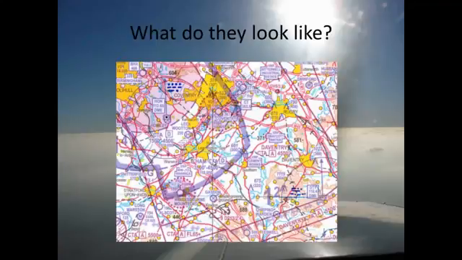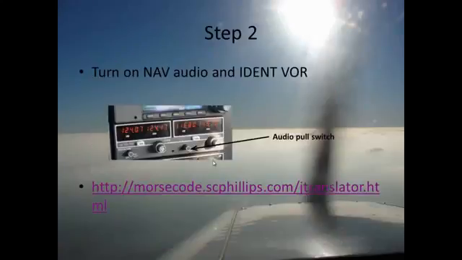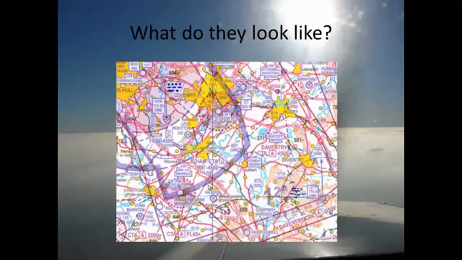So what you do is you pull this switch outwards, make sure the volume's turned up, really important, and wait. Something in the region of 4 times a minute, you will hear the Morse code for that VOR. The Morse code that you'll hear audibly will be the identifier for the VOR.